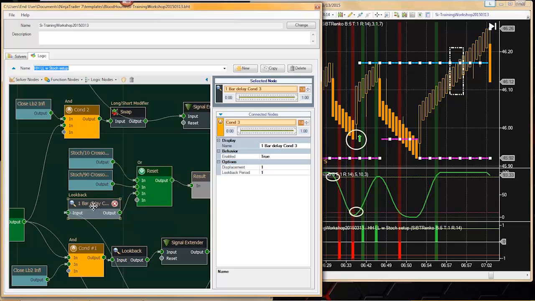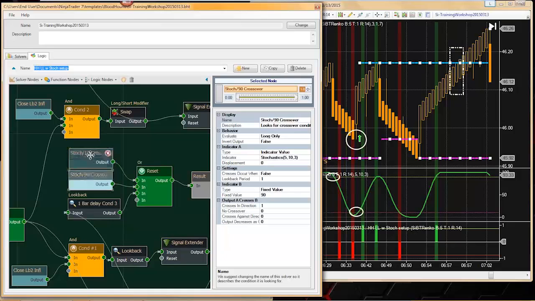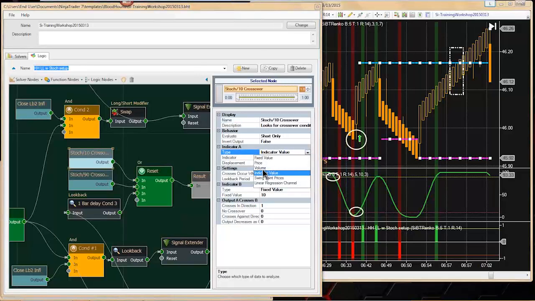All right, so that's a 1 bar delay of condition number 3, and then we have these other crossovers. So let me set these crossovers up.